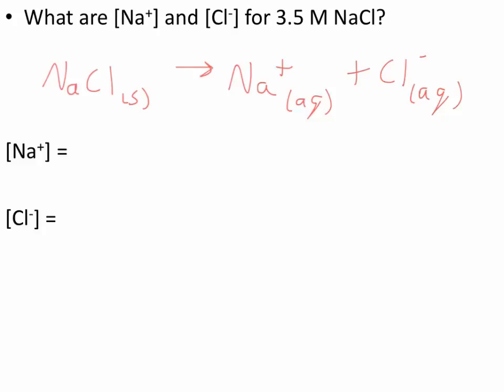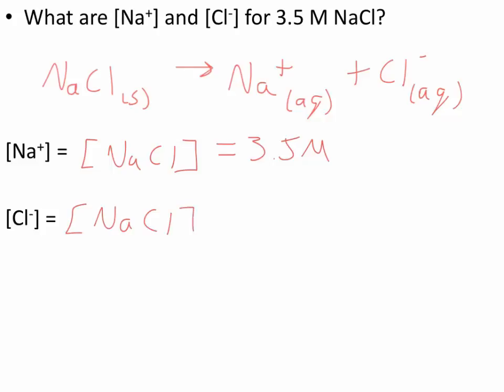And that means that whatever our concentration for sodium ion is, that's going to be equal to our sodium chloride concentration, which is then equal to 3.5 molar. And likewise, our chloride ion concentration is equal to our sodium chloride concentration, which is equal to 3.5 molar.